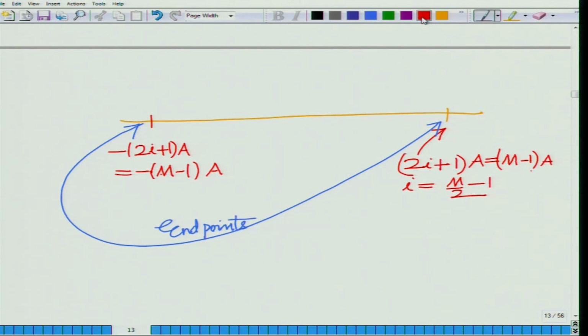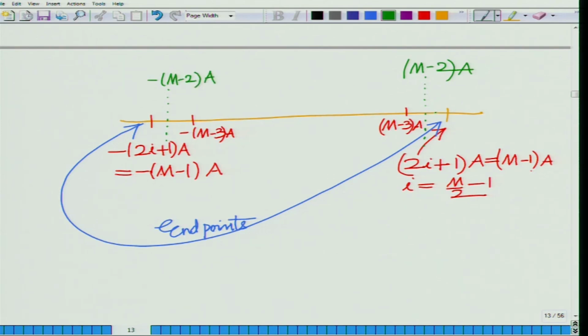Now, of course, the next point here will be m minus 3 a, and here it will be minus m minus 3 times a. If you look at the midpoints, this midpoint will be m minus 2 a, and this midpoint will be minus m minus 2 a.